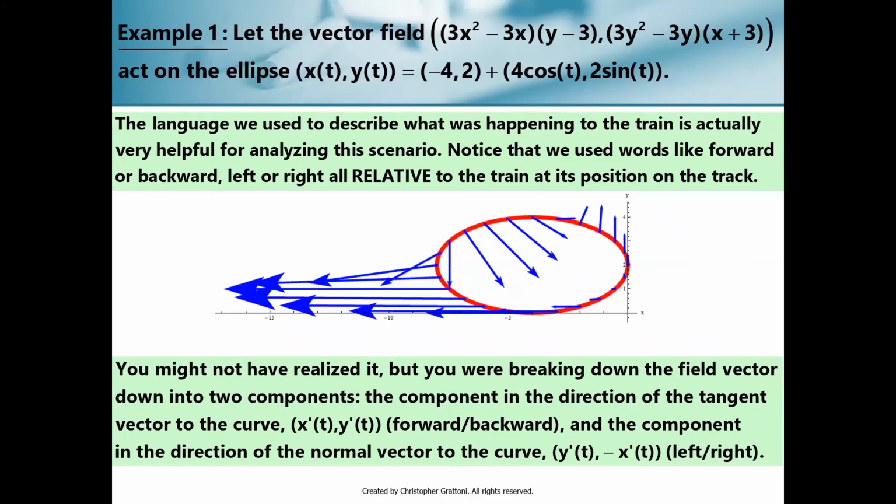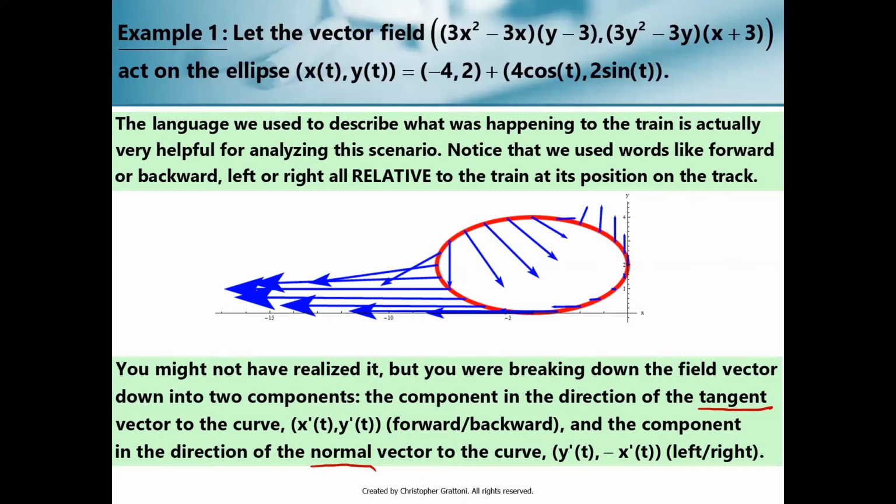And so what you might have noticed in that analysis is that I was really talking about how these field vectors can be broken down into their tangent component and into their normal component. Basically, is the field vector pushing with or against my tangent vector as I'm going around the train track? And is the field vector pushing with or against my normal vector as I'm going around the train track? I'm breaking down my field vectors into their tangent and normal components.